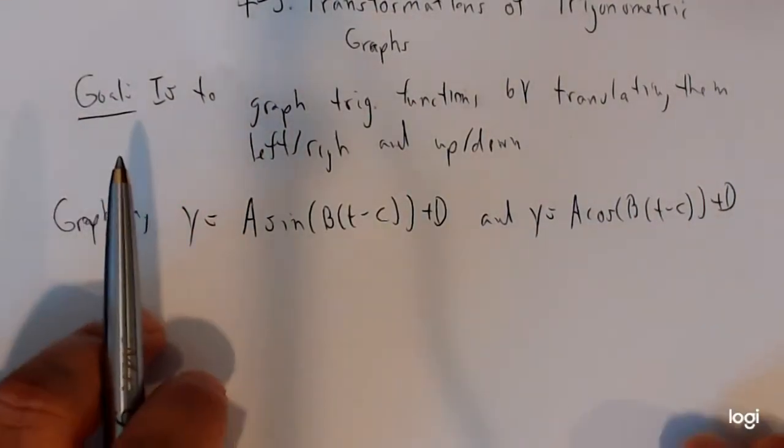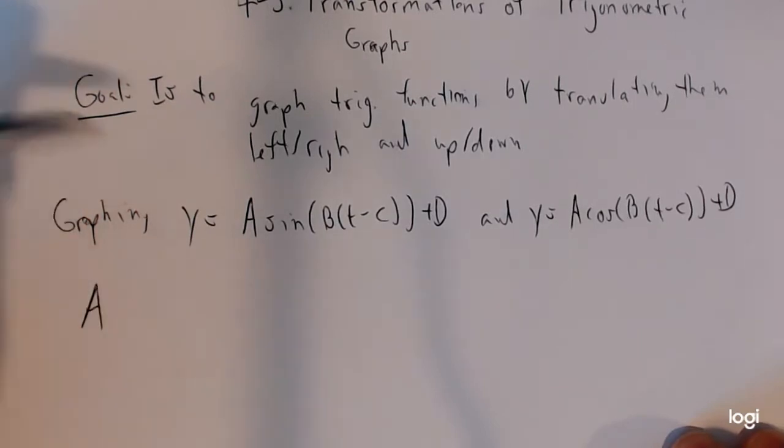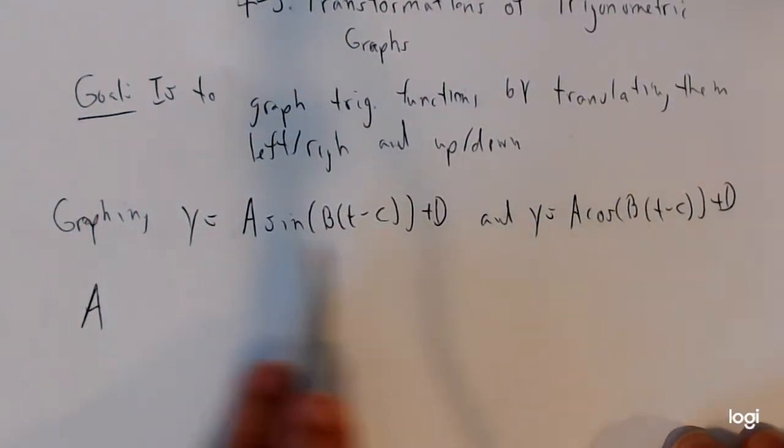Okay, so with that said, now we're going to talk about each one of the parts of this. For instance, a, which is these guys, and we've talked about a already.